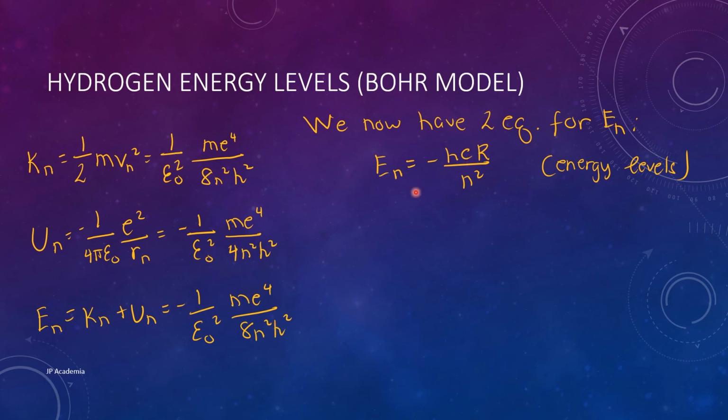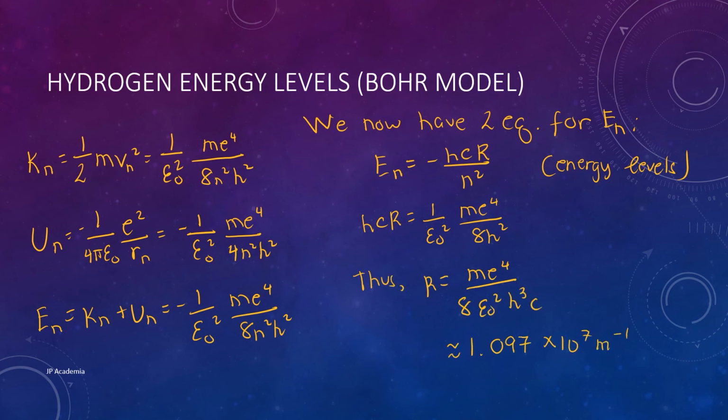These equations can show us how to compute the Rydberg's constant value using the fundamental physical constants. So thus, this is the numerical value of our Rydberg's constant when we substitute those known constants. So we have R approximately equal to 1.097 times 10 to the 7 per meter.